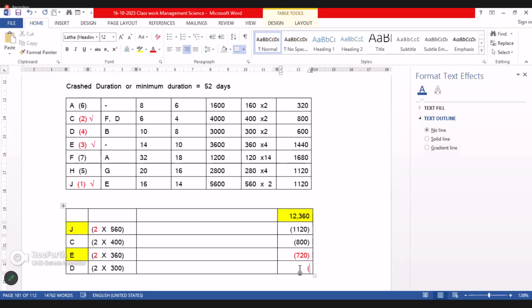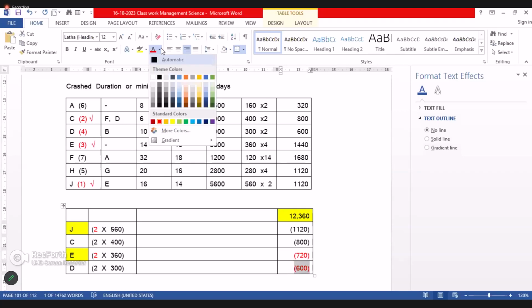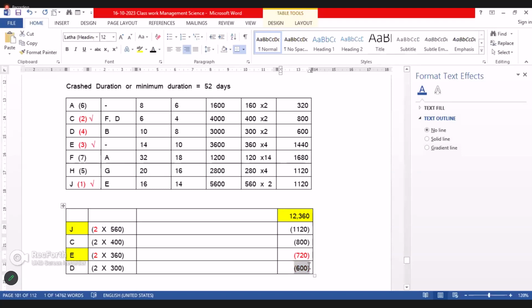It's about 600. Right? That also we have to make the adjustment. Okay. Then this also we have to mention.